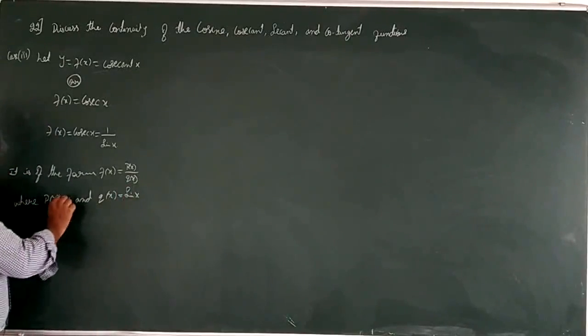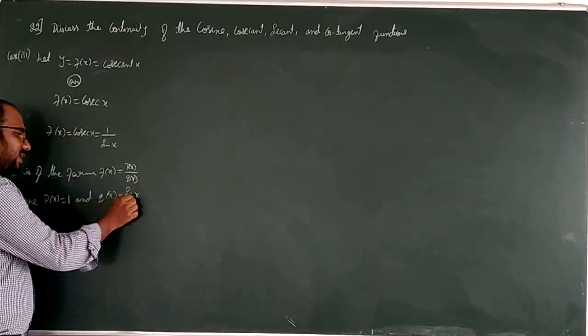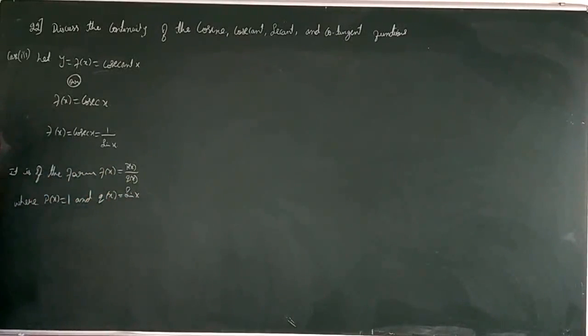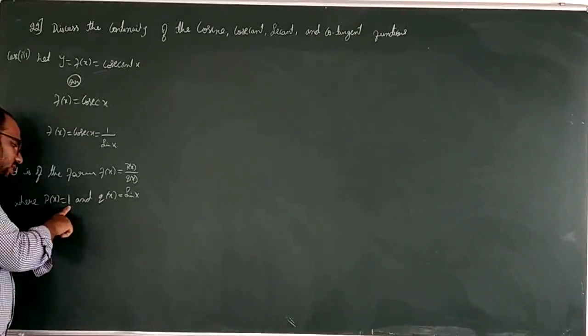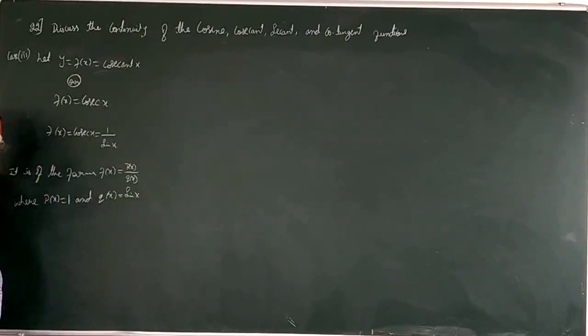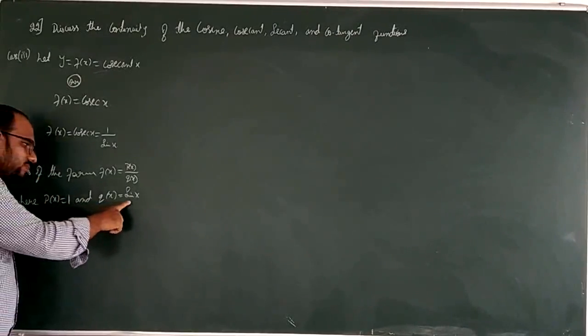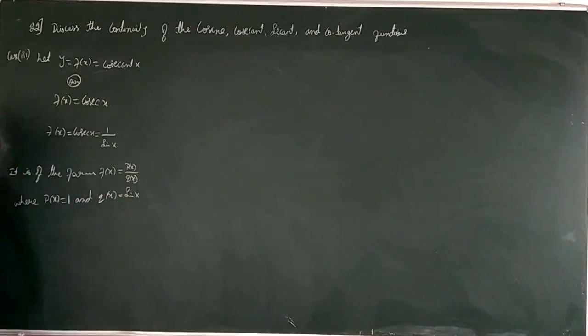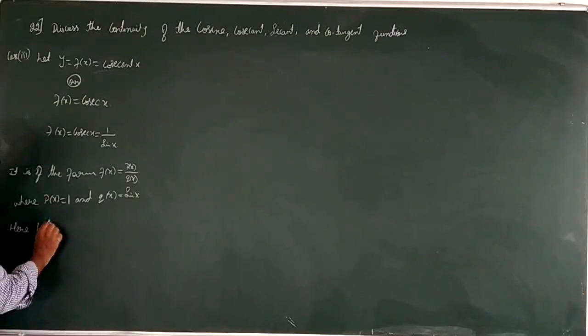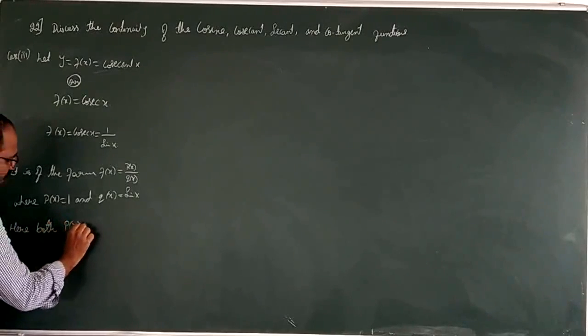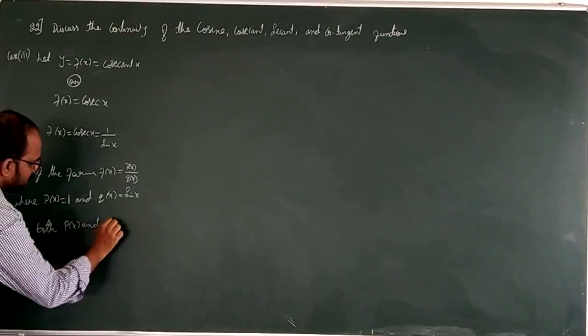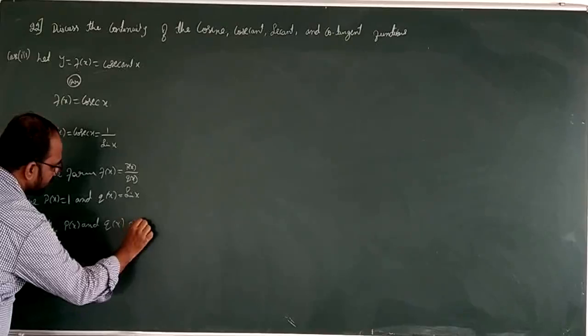One is a constant function and also sin x is a continuous function. Already we explained this in an example problem. Any constant function is a continuous function, and sin x is also a continuous function. Therefore here both p of x and q of x are continuous functions.